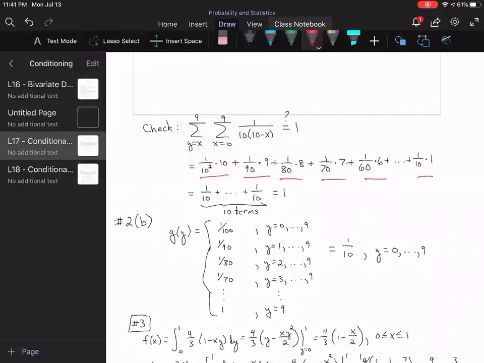Yeah, because that's what's happening at the top here. I'm checking that what I thought was the joint distribution is actually a valid distribution, and it is. So what I had determined and the supports I wrote work out so that the double summation equals 1.